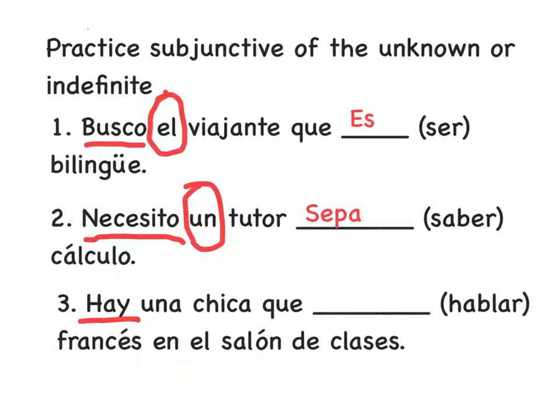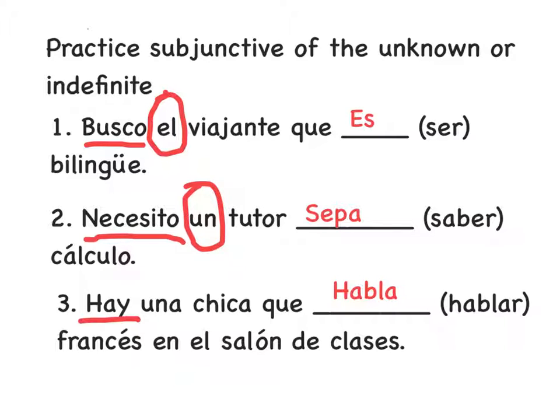It means there is. She exists. So how are we going to conjugate this verb? Easily. Habla. Okay. Hay una chica. Okay. Hay una chica que habla francés en el salón de clases.